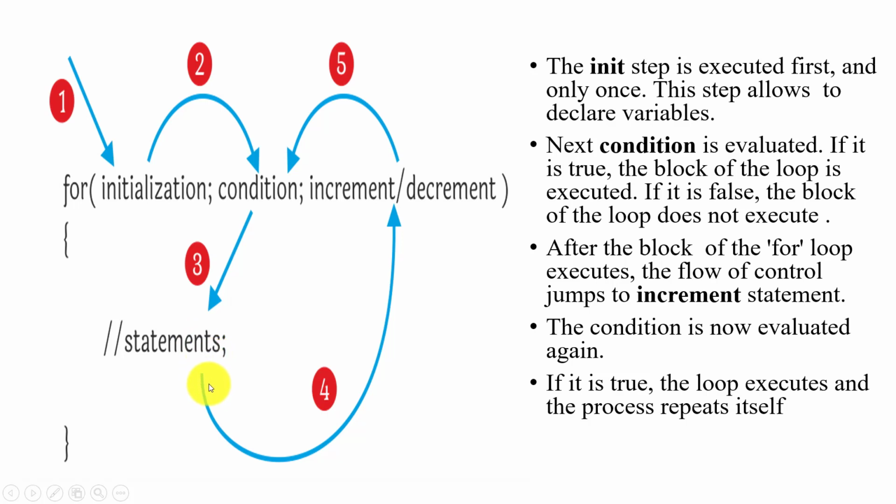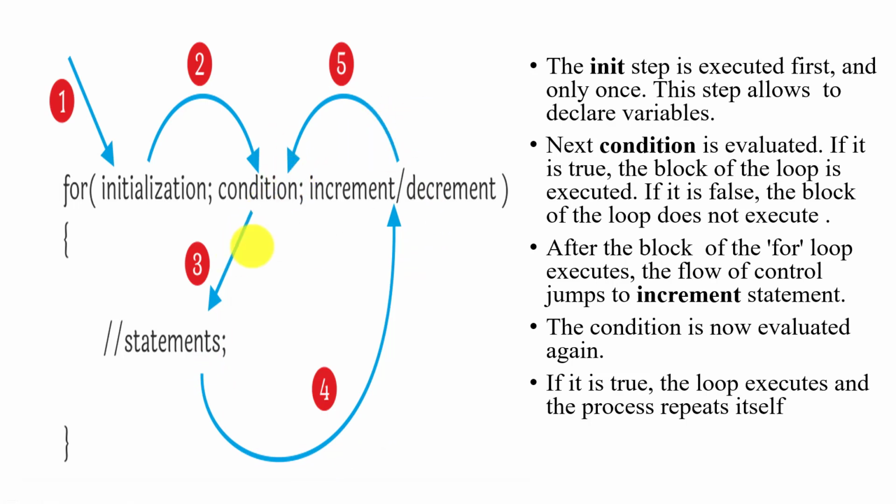After this execution, again it makes the increment, and after this increment, again the condition is checked. If this is true, the loop is executed and the process repeats itself.